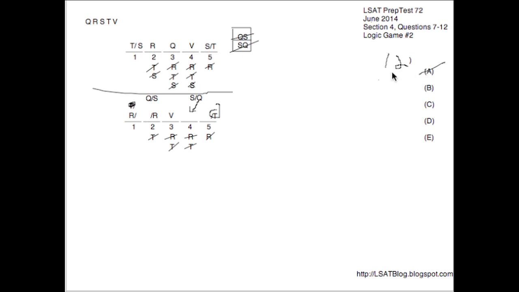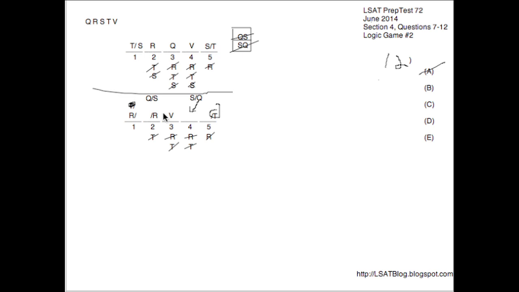A is gone. Looking at B, R before V, well, let's interpret that. Right now, R has to go before V. On the top diagram, it's on 2 and V's on 4. On the bottom diagram, R is either 1 or 2 and V's on 3. And we know that V has to be on either 4 or 3 due to the other original rules.